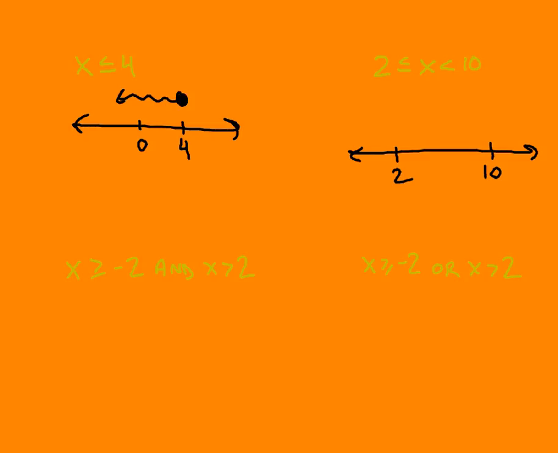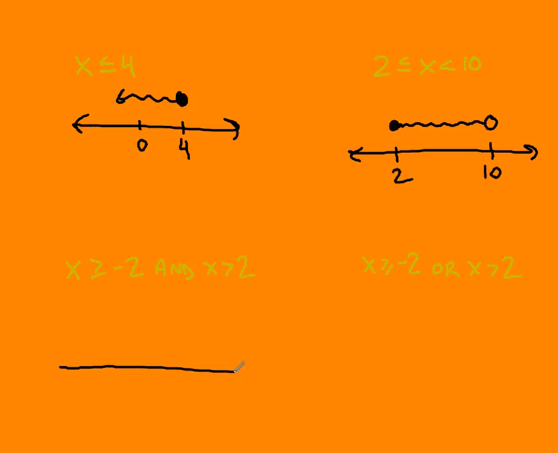So first, this 2 is a filled-in circle because it's less than or equal to. And this one's going to be an open circle because it's just less than. And x is in between those two numbers. I literally just shade in between the two numbers. Those ones that are compound should be very easy to do. I just shade in between them and follow the signs.